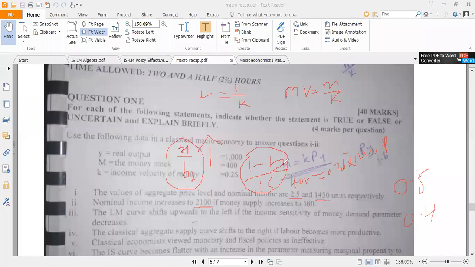Because the marginal propensity to consume has increased, there's a reduction in the slope of the IS curve, which means that the initial one was steeper. As I always say, the bigger the slope, the steeper the curve. So if you increase the marginal propensity to consume, it reduces the value, which makes the IS curve flatter.